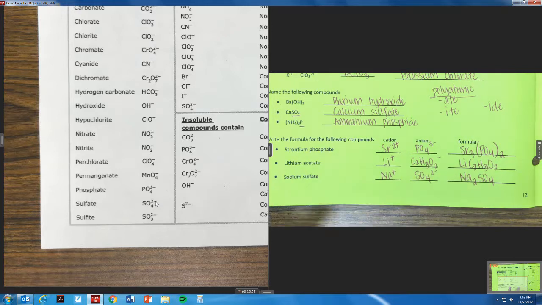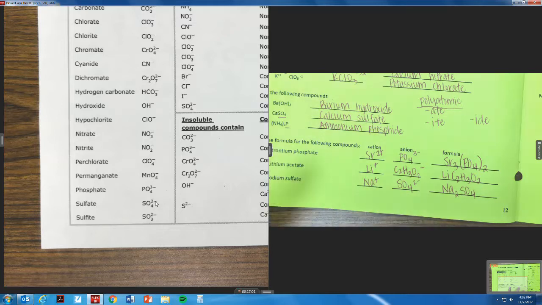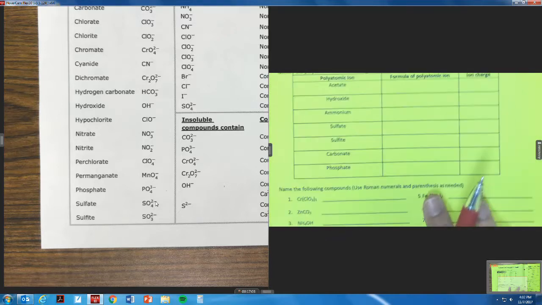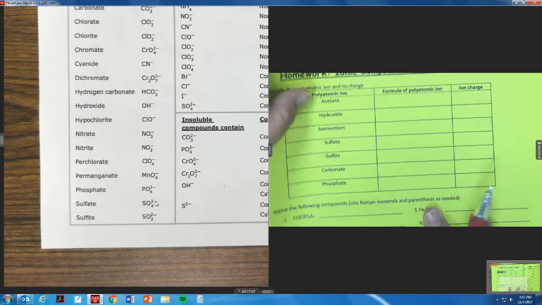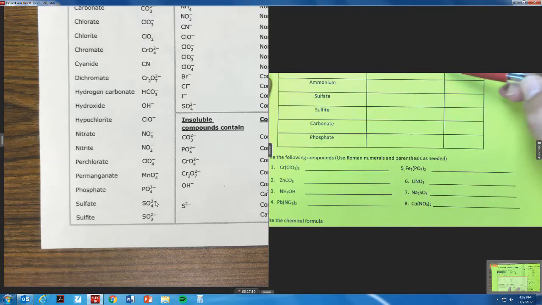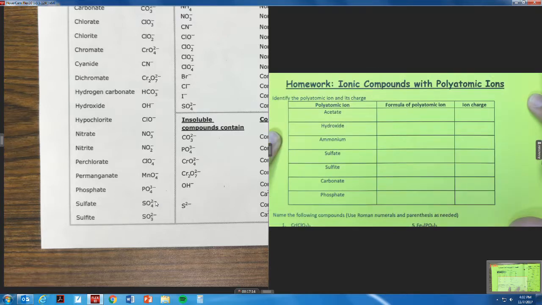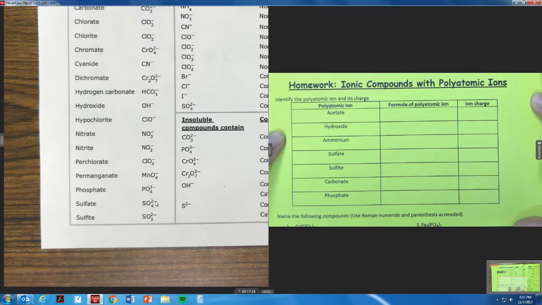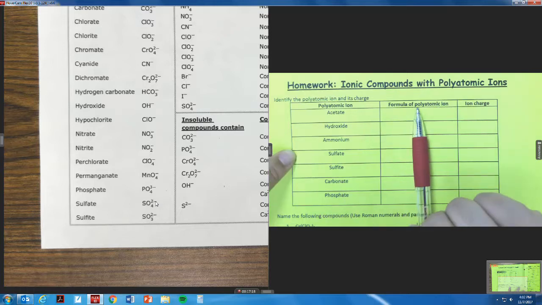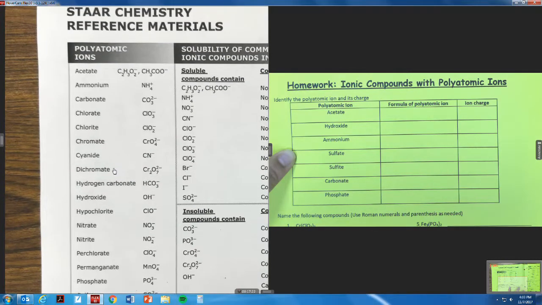Okay, I do want to bring up something that you have on your homework. Please be careful. When it asks you for a formula for a polyatomic ion, of course, you're going to use the back of your periodic table.